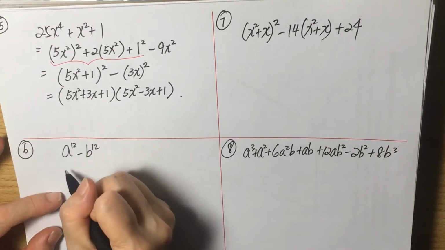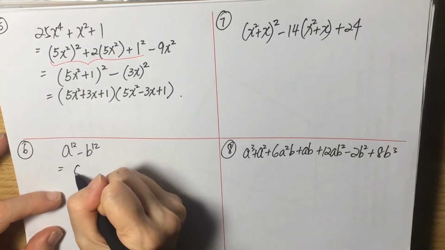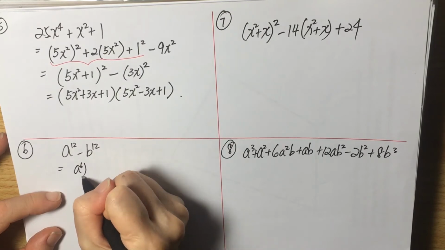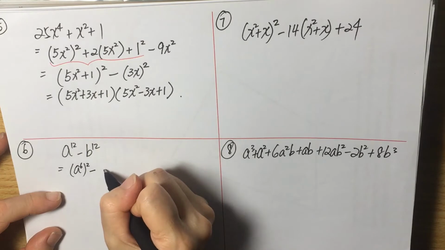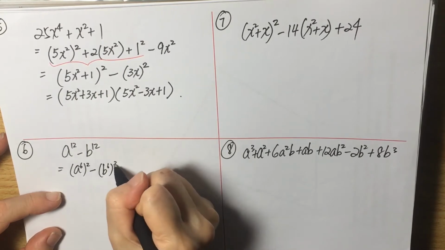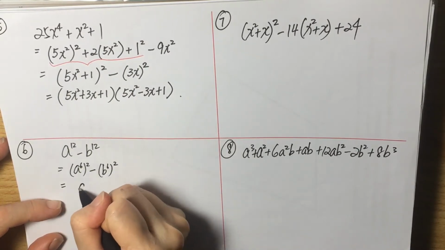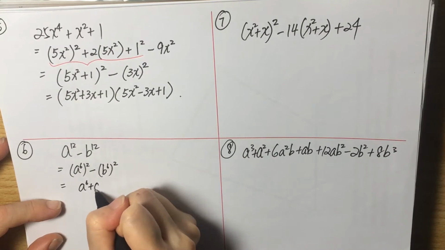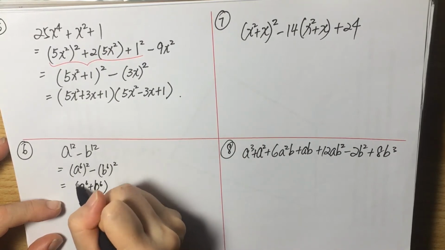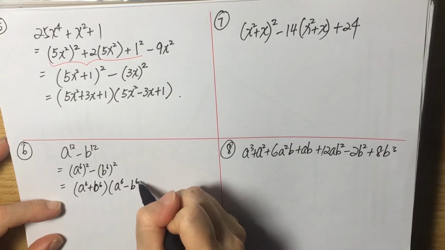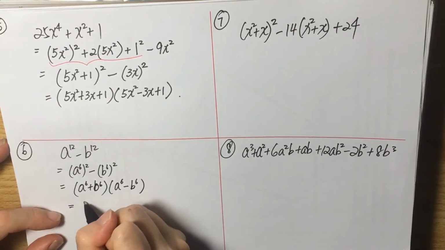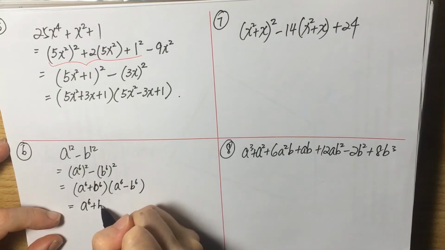This one, very obvious, it cannot be further factorized. Oh, this one is easy. a to the 12, right? Can I say it is (a^6) squared? So a^6 squared minus b^6 squared. Therefore, I'll have (a^6 plus b^6) times (a^6 minus b^6). Okay, this one cannot do anymore. It will be just a^6 plus b^6.